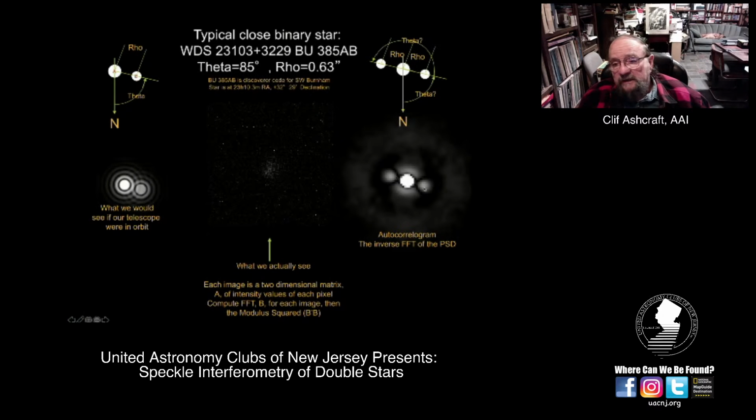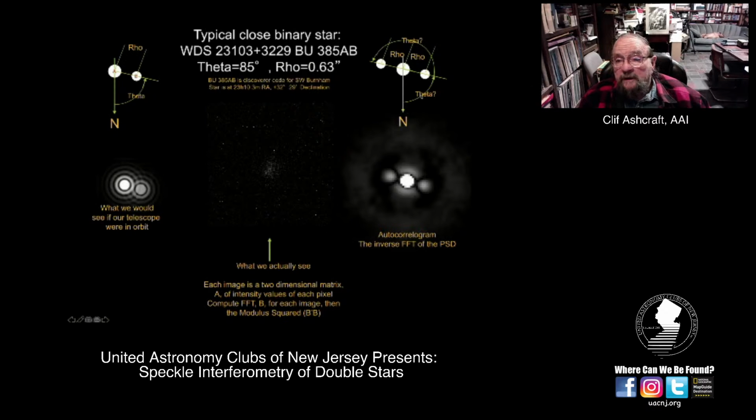You can see that this corresponds very nicely to this diagram, which resembles the original one of the double star. But the trouble is, we can measure the separation very accurately. We got two things we can measure. Both of them give the separation, but we don't know what the theta is.